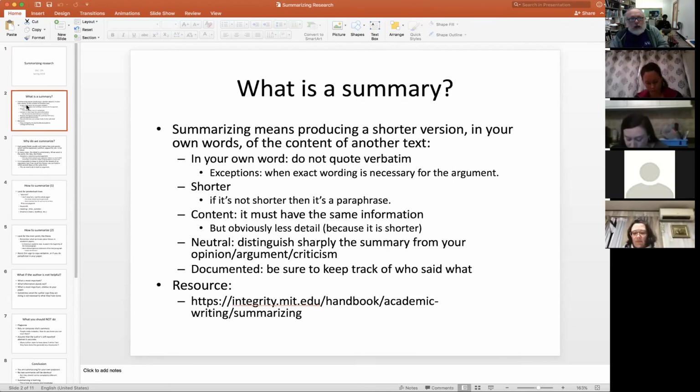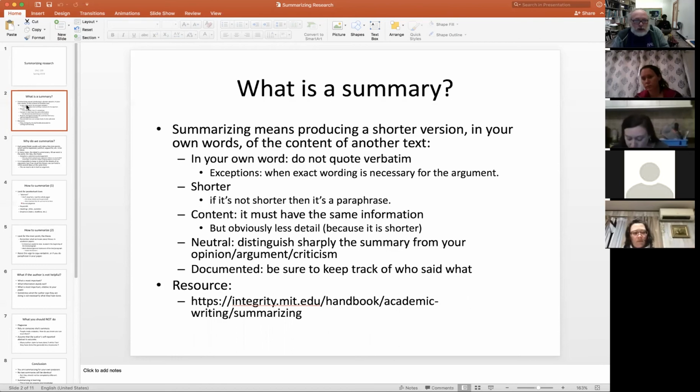Now, in your own words is obviously important, because what I'm saying there is don't quote verbatim the text that you're summarizing. That's really not a good idea, because you're never going to summarize it if you just quote it. So you need to be speaking in your own voice, using your words.